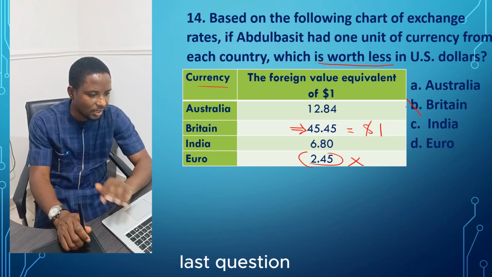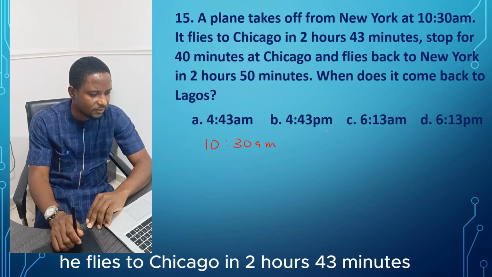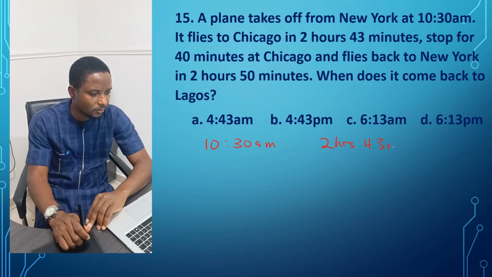B. Last question. A plane takes off from New York at 10:30 a.m. It flies to Chicago in 2 hours, 43 minutes.